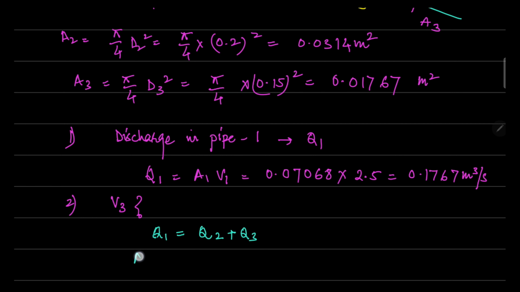So we can write that A1 V1 is the discharge at section 1, and similarly this will be A2 V2 plus A3 V3. If we look at this equation, out of 6 parameters 5 are known, only this V3 needs to be figured out. So let's quickly put all the numerical values in order to get V3.